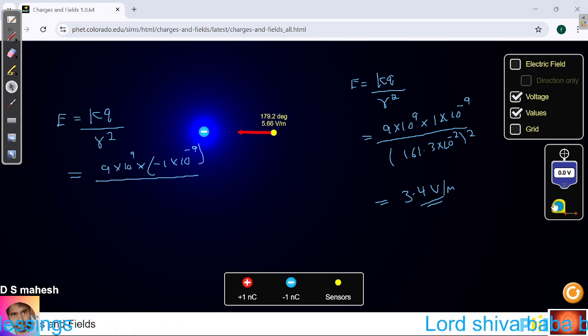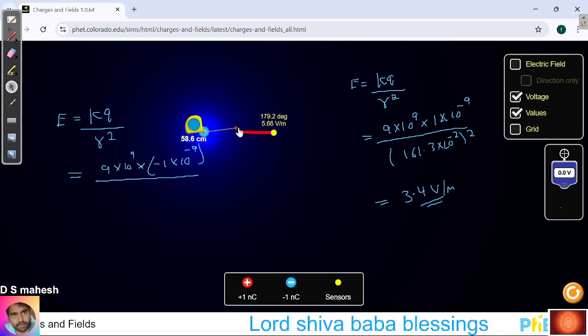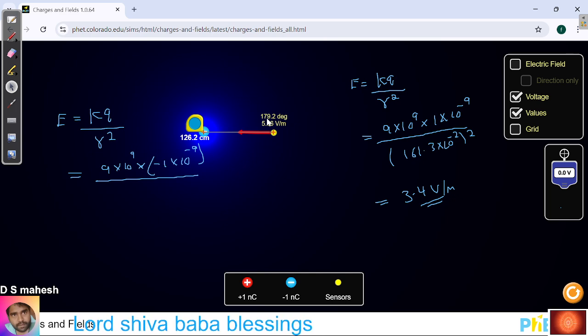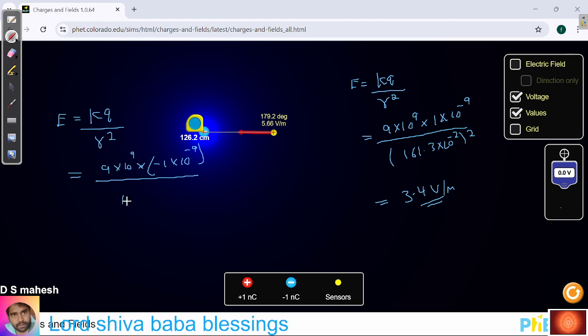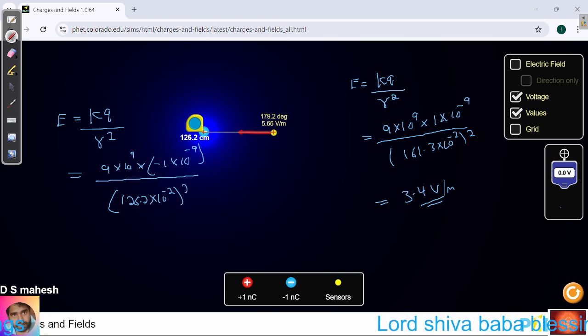So we need to calculate the distance. Let me take it here. The distance is 126.2, so it would be 126.2 into 10 to the power of minus 2 meter, squared.